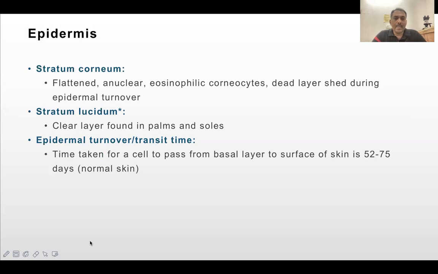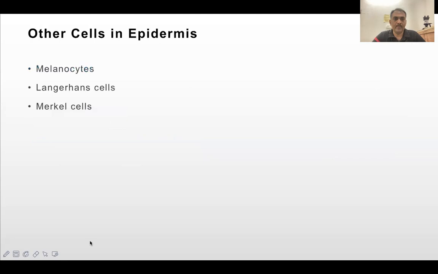The time taken for a cell to pass from the basal layer to the surface layer and then be shed off is called the epidermal turnover or the transit time, which is usually 52 to 75 days in a normal person. In some diseases such as psoriasis, this transit time is reduced to almost 3 to 4 days, thereby causing piling up of the skin in the form of scales.